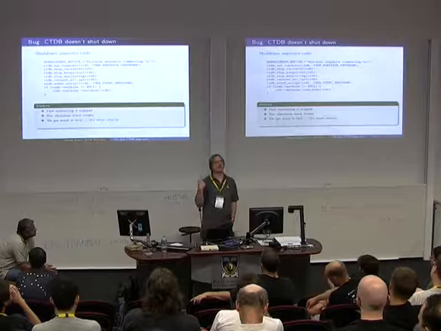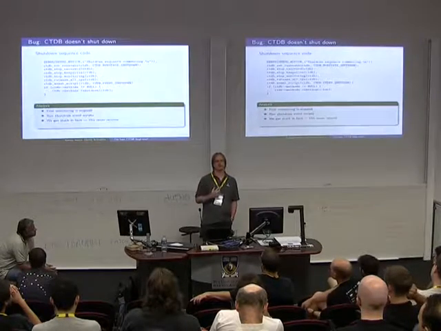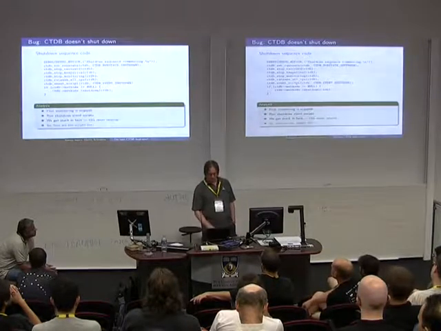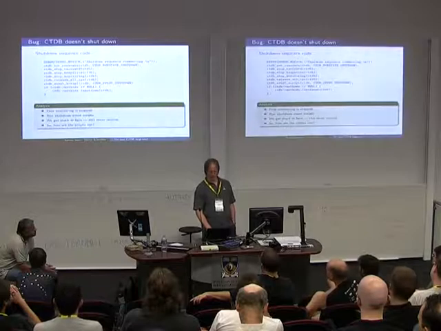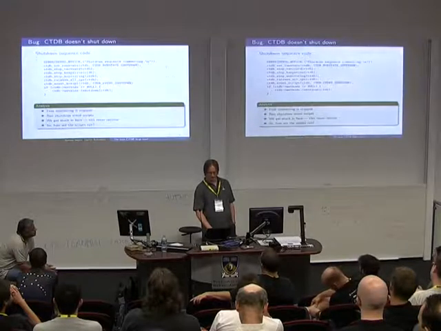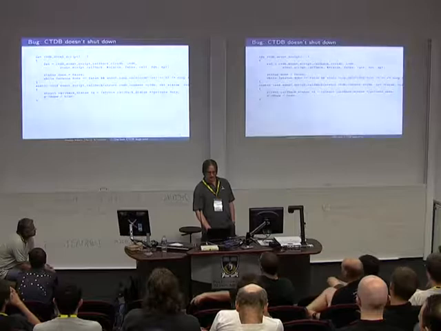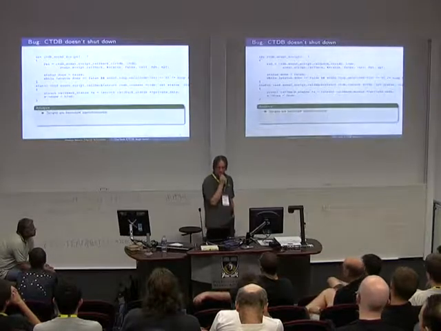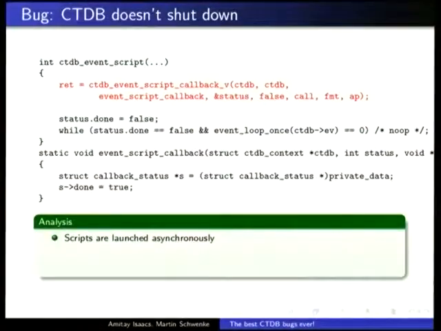Okay, so this is where we get stuck. We get stuck running some scripts. Is there a problem in a script or whatever? Let's find out. How are the scripts run? Okay, so the first thing we do when we're running the script is we launch the scripts asynchronously, like we do with everything here. Everything's asynchronous.